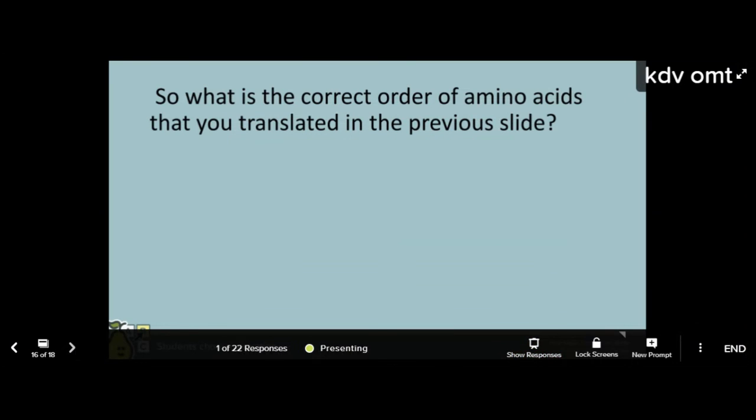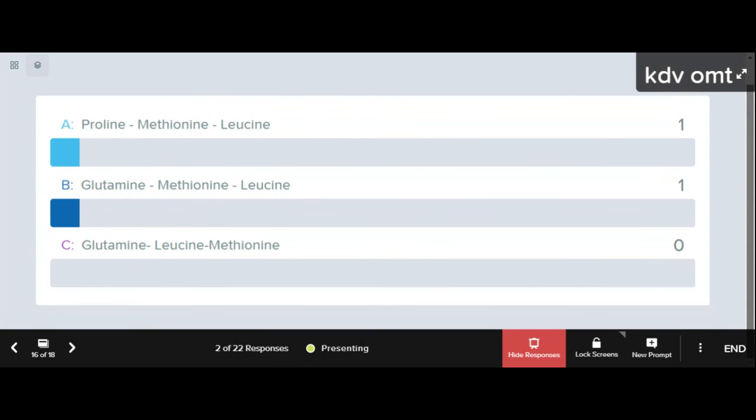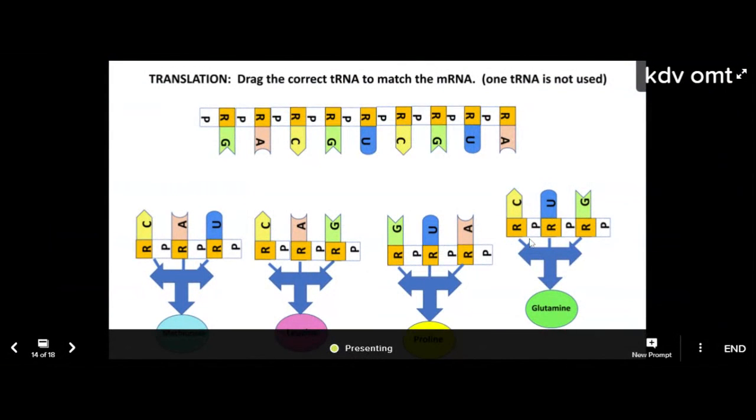All right. So what is the correct order of amino acids that you translated in the previous slide? I'm not going to ask you because this one was kind of hard, because you wouldn't remember it. So there would be a glutamine.